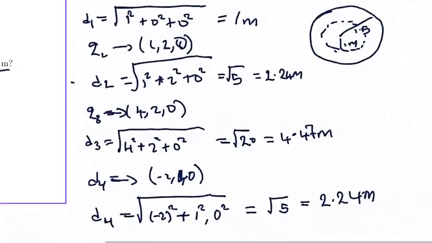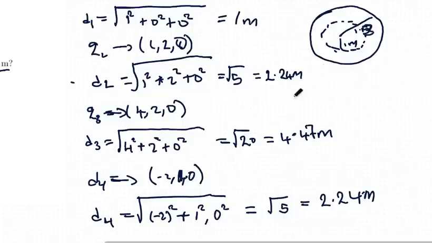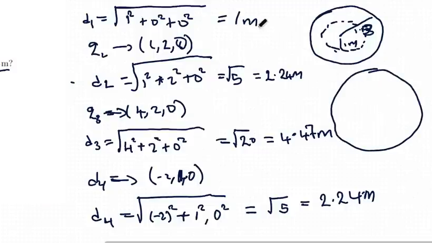Assuming this is 3 meters, then Q1 will be enclosed. Let me draw a bigger one. If this is 3 meters, then this one will be enclosed, maybe somewhere here.